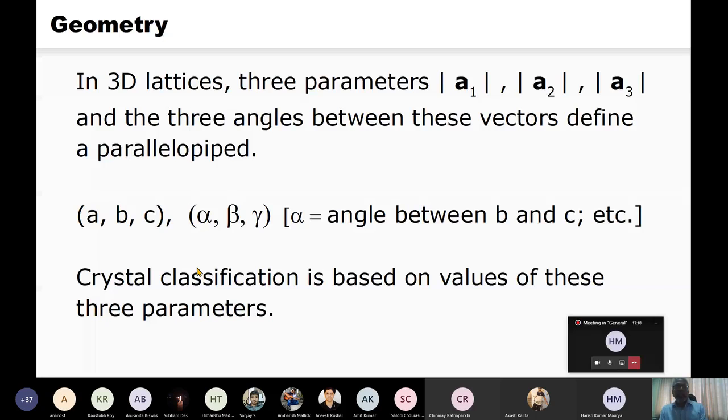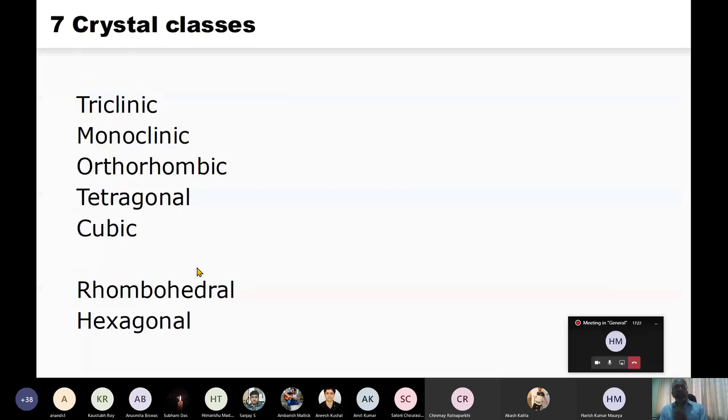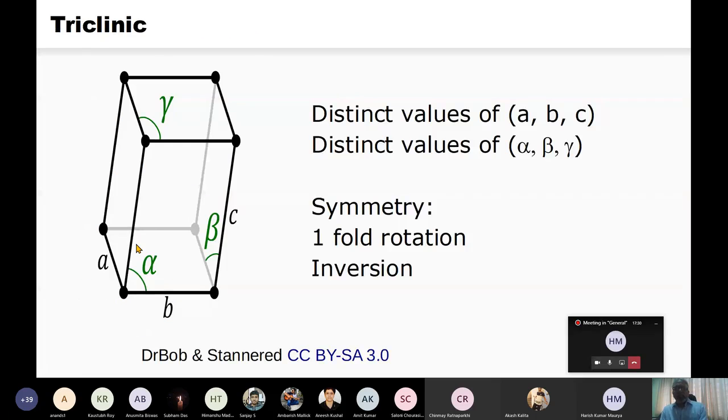And now we are ready to start. The 7 crystal classes are basically these, which are listed here. We'll go through them one by one. Triclinic is the most generic, non-special in every aspect of these lattices. The unit cell is given here, and these are pictures that I took from Wikipedia.